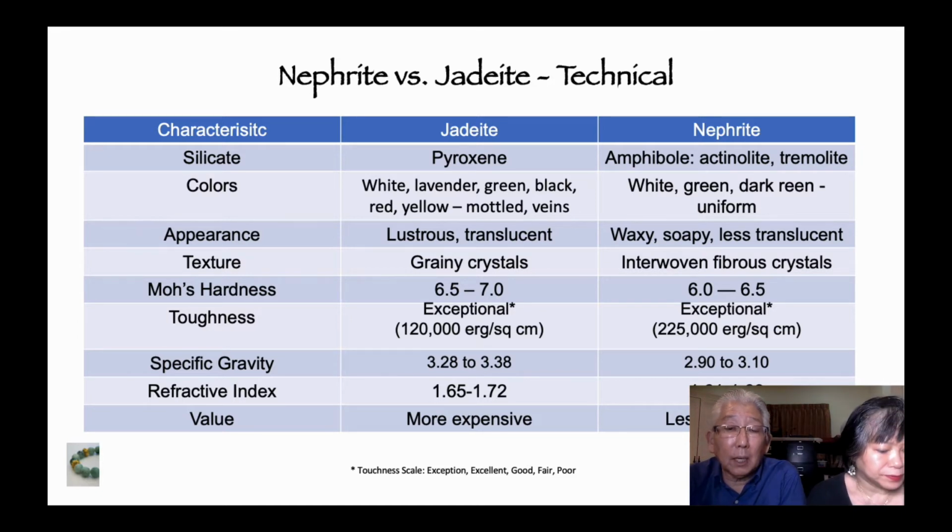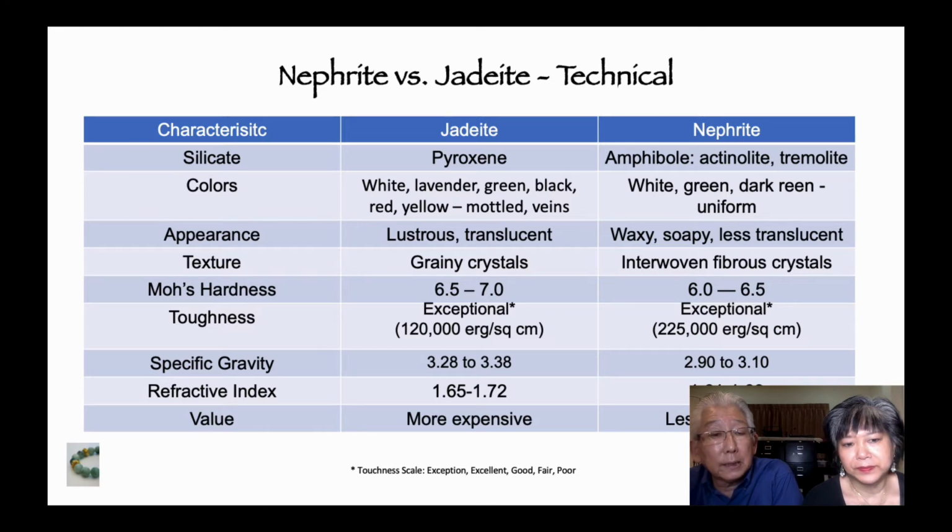With a refractometer, you can very easily measure that jadeite has a 1.65 refractive index, and nephrite just a little bit less than that. And value: jadeite is by far more expensive than nephrite. So when someone tries to sell you nephrite at a jadeite price, you have to walk away, clearly walk away.